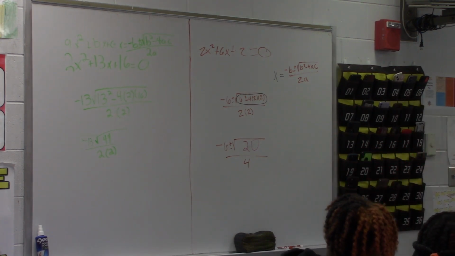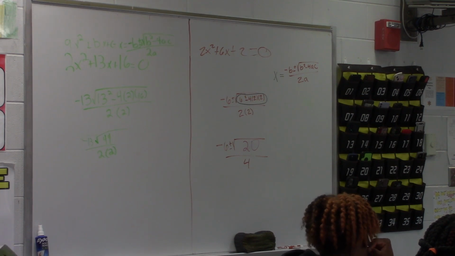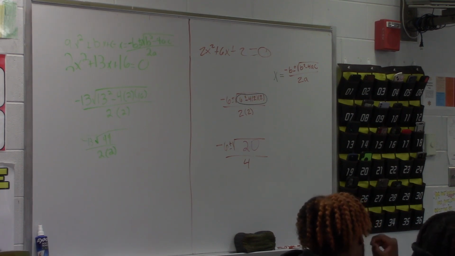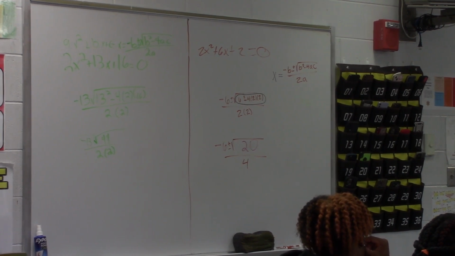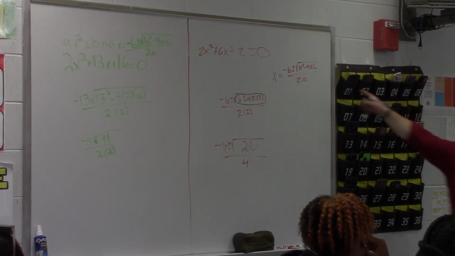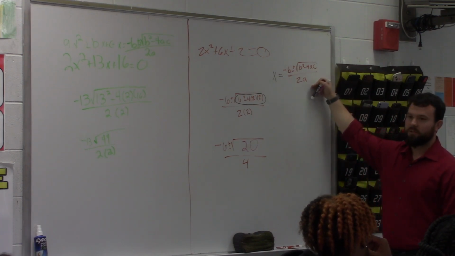Over here, I had multiple groups do this, where all of a sudden, instead of the fraction bar going all the way across, they just have 20 divided by 4. But wasn't that fraction bar all the way across originally? If you look at the formula, it is negative b plus or minus the square root of b squared minus 4ac, all divided by 2a.